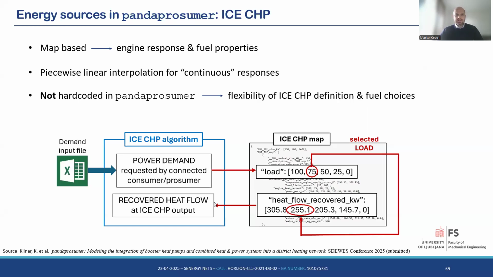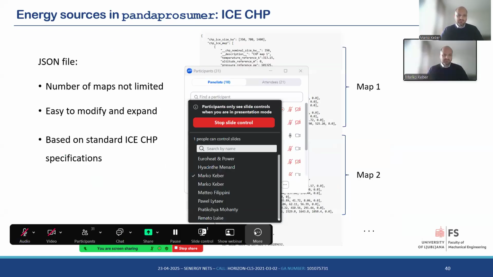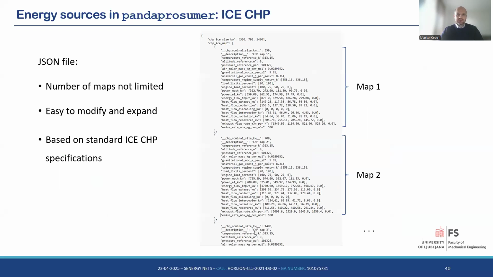This, as I mentioned, gives pandaprosumer great flexibility, because the user can, as you can see here, add maps, modify maps, change them in any way they like. The maps are based on standard CHP specifications. So if the data is available, the user can use this data.